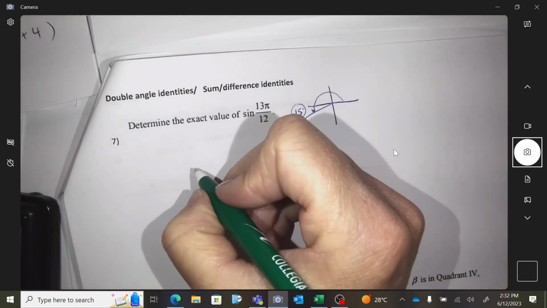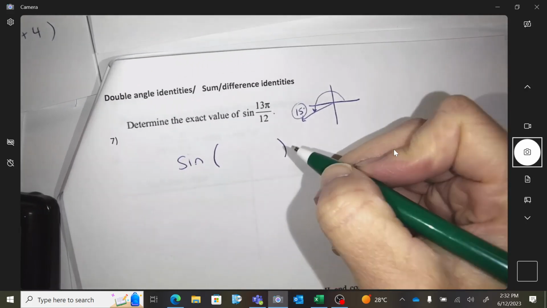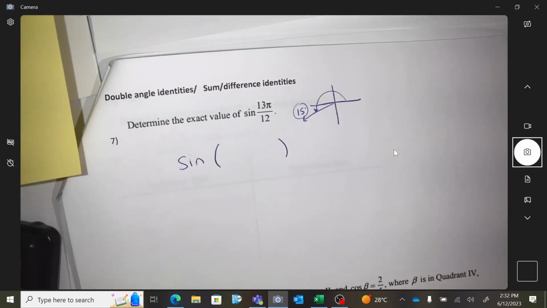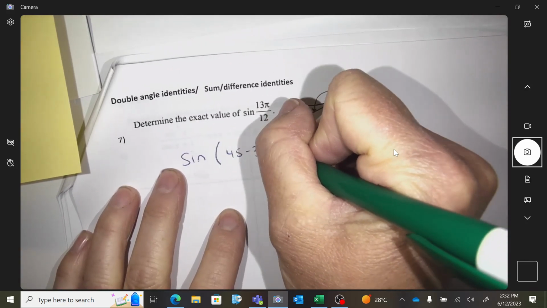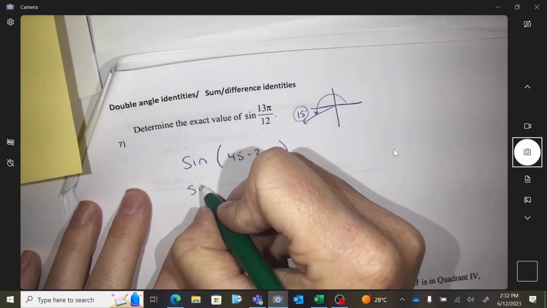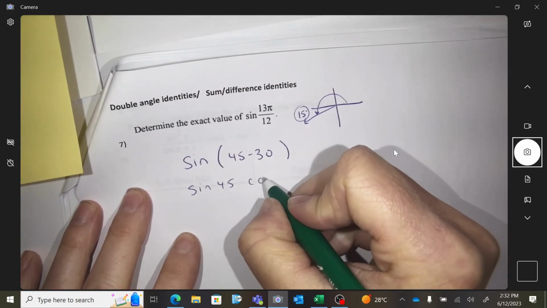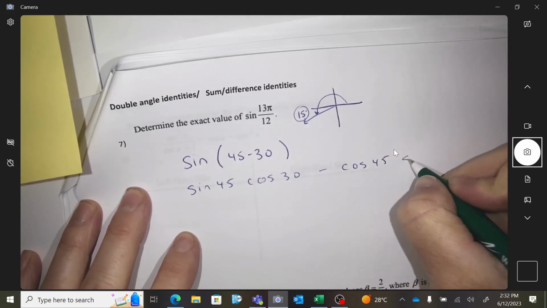You use a formula. So the sine of, how do you make 15 degrees with other angles you know? 45 minus 30. So now I go to the formula sheet, and the formula that matches that is sine cos minus cos sine.